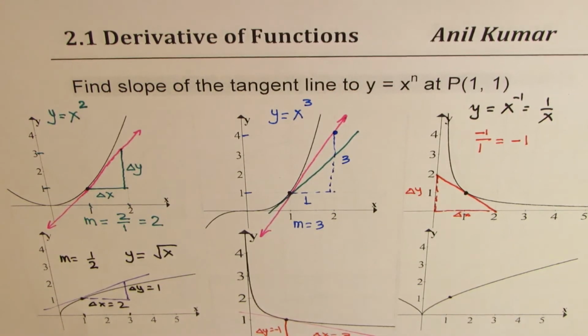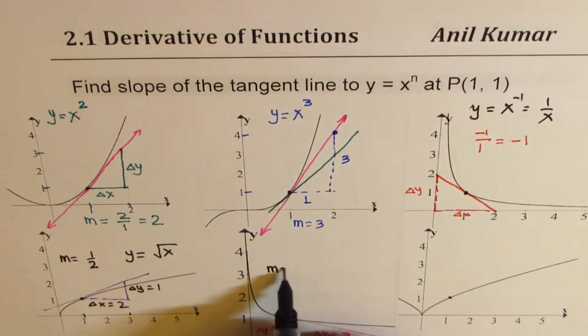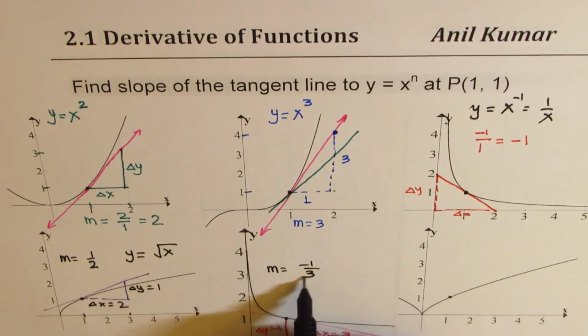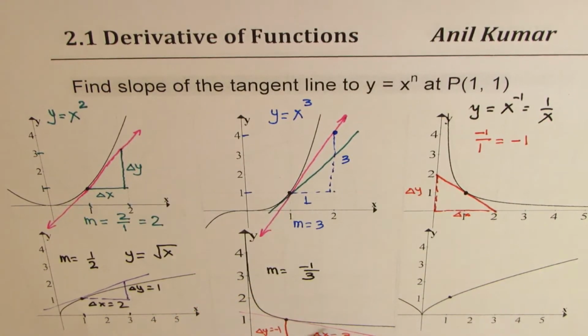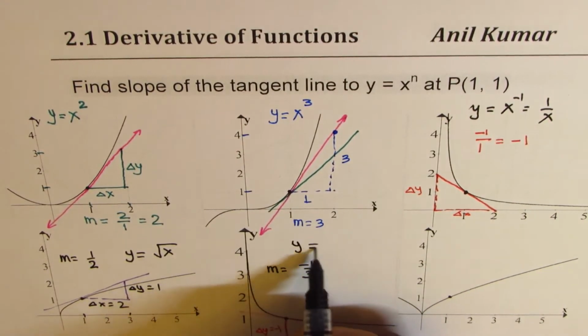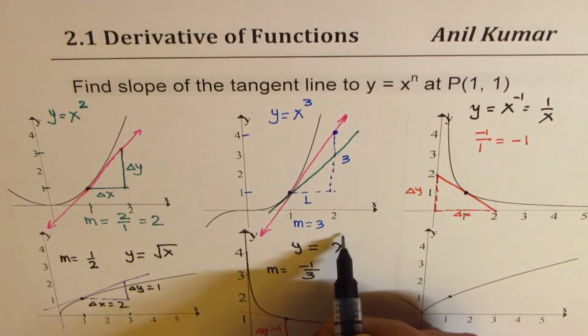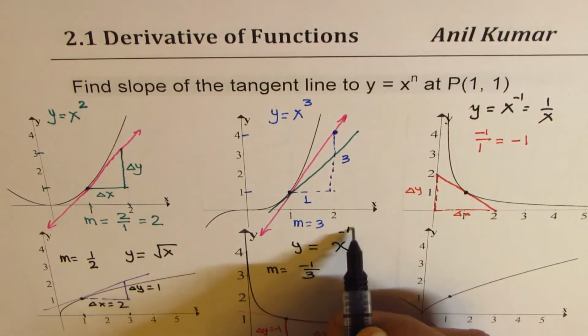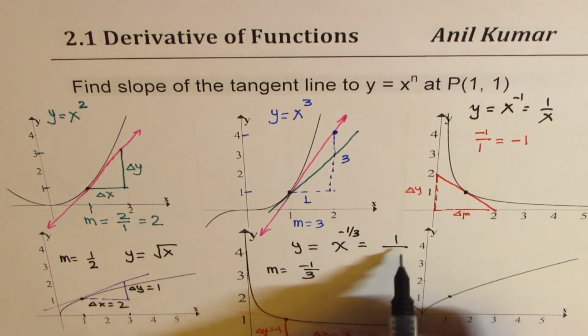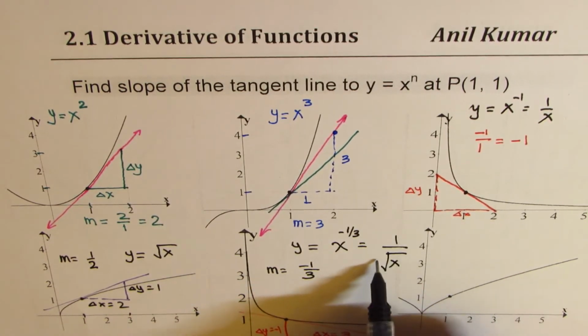So in this particular case, we get slope m equals negative 1 over 3. And you will notice that this graph is of the function y equals x to the power of minus 1 over 3, or 1 over the cube root of x.